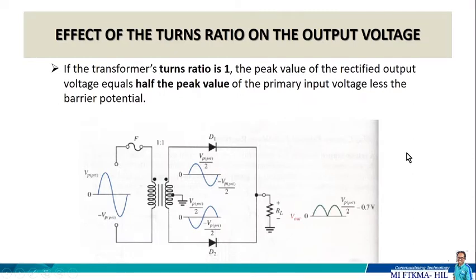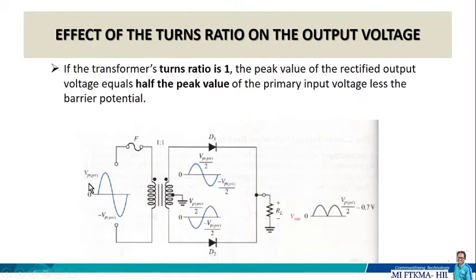So now let's take a look at the effect of turns ratio on the output voltage for a center tap transformer. If the transformer turns ratio is 1, it means the primary voltage is equal to the secondary voltage. The peak value of the rectified output voltage is going to equal half the peak value of the primary input voltage less the barrier potential, which is 0.7 volt.